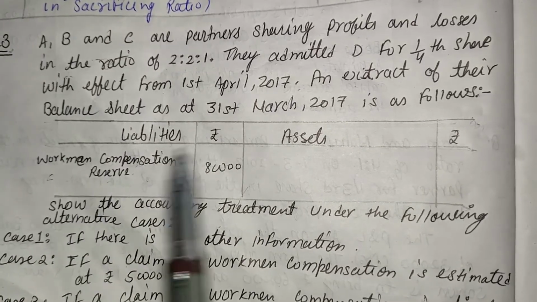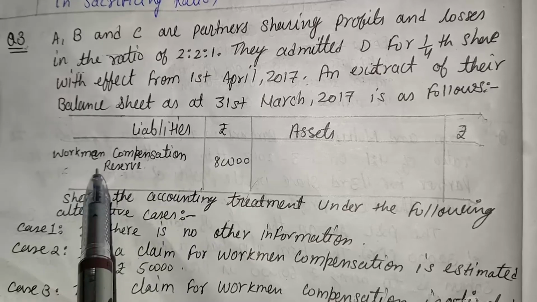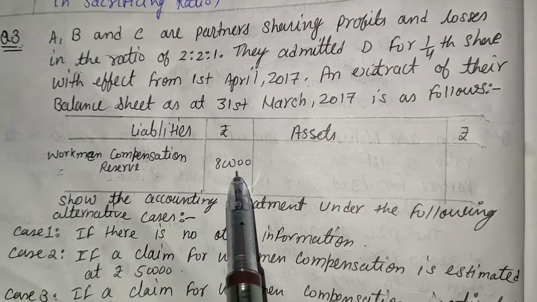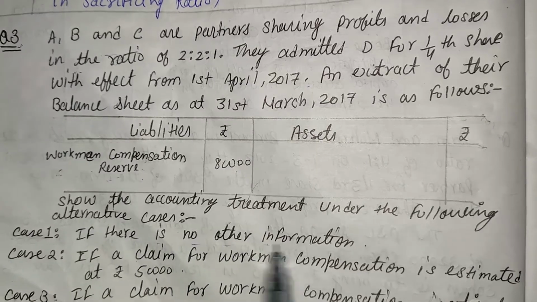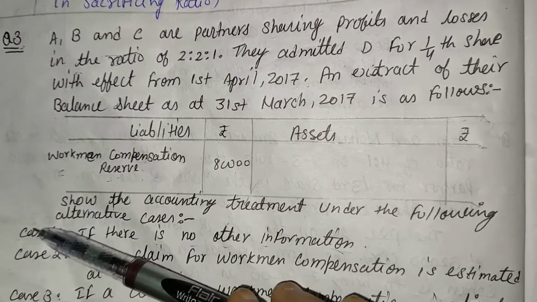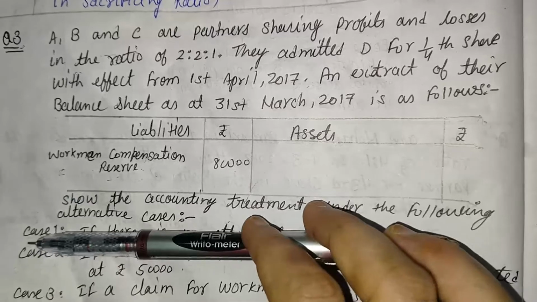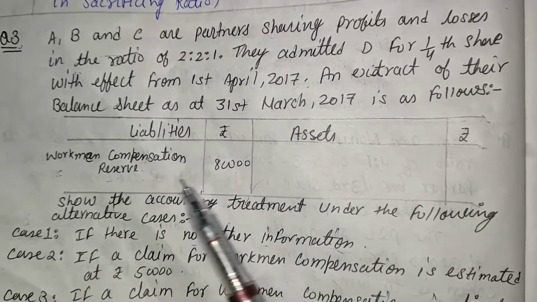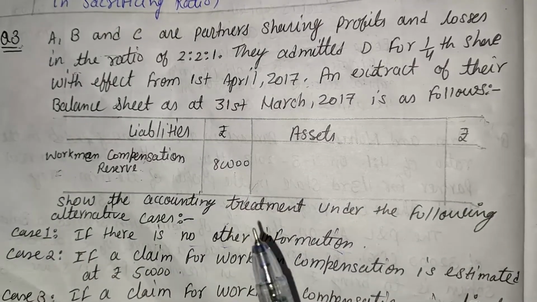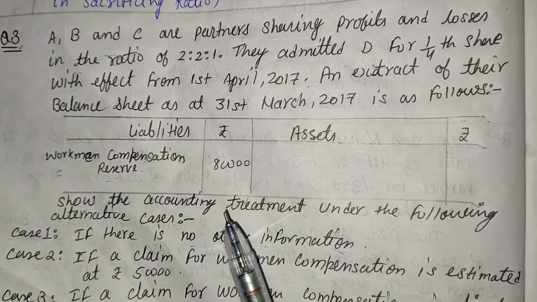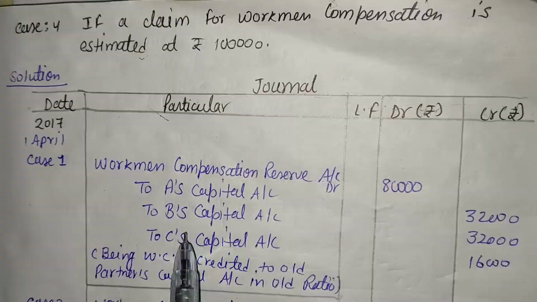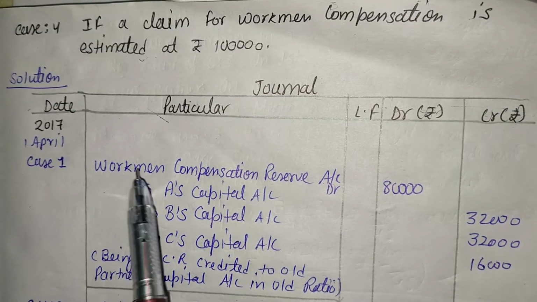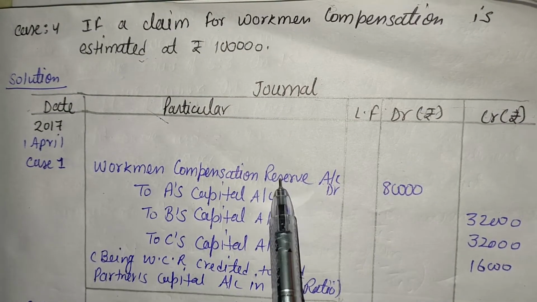So in this balance sheet, workman compensation reserve is given, that is 80,000, and in the first case there is no other information. It means only the workman compensation reserve is given in the balance sheet and no other information is given. So in that case what will we do? We already discussed that a reserve is on the credit side.